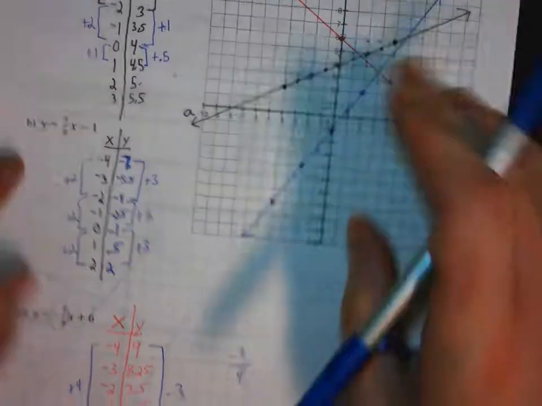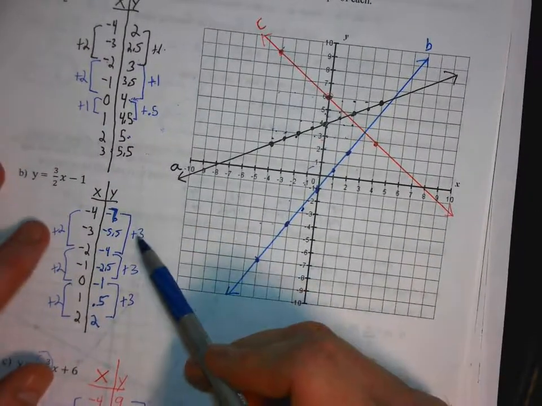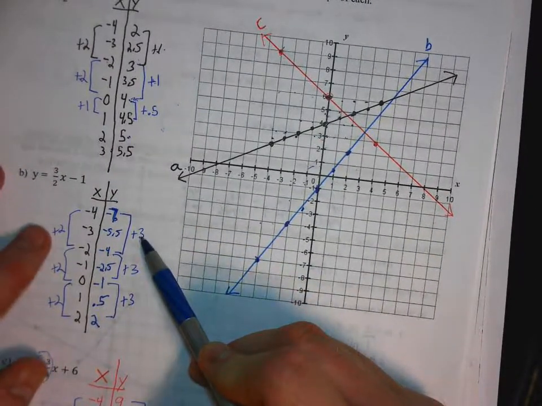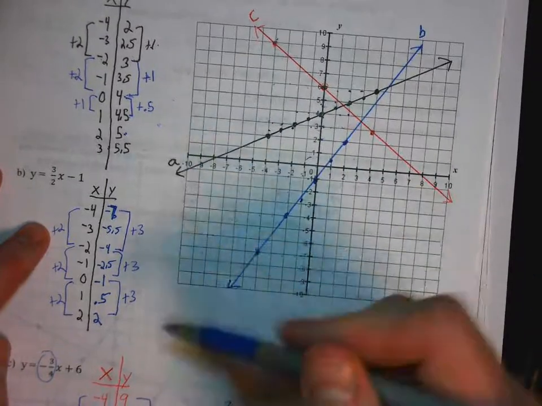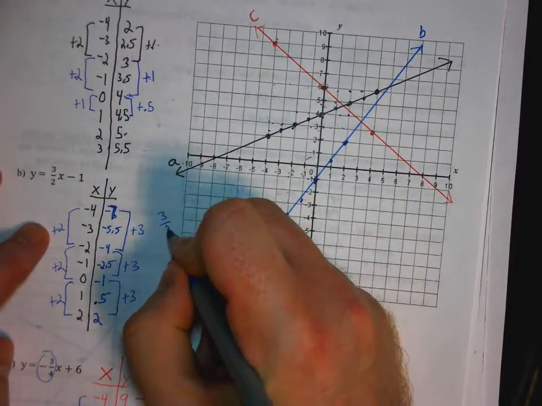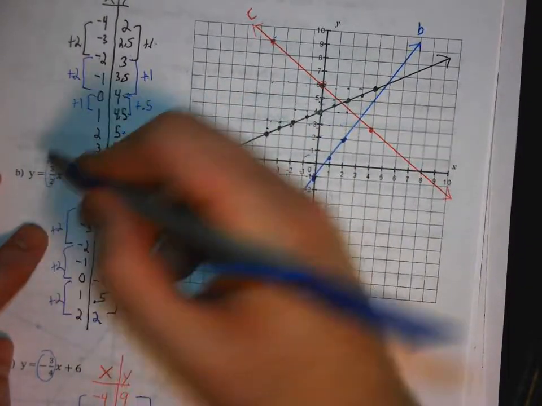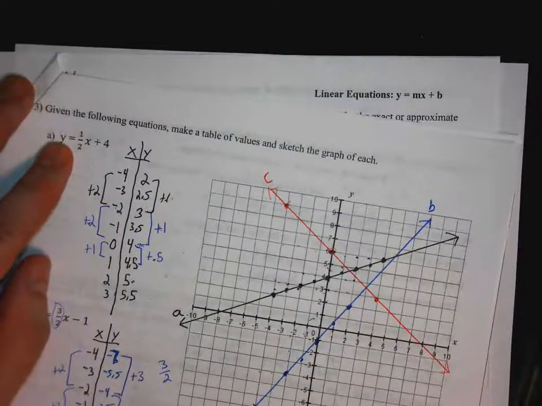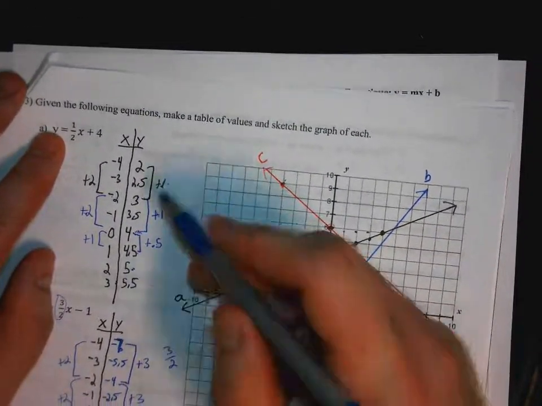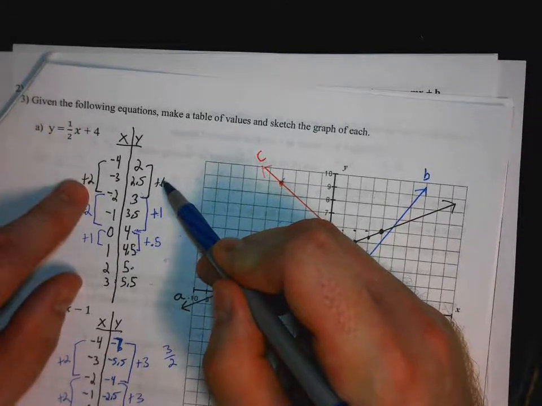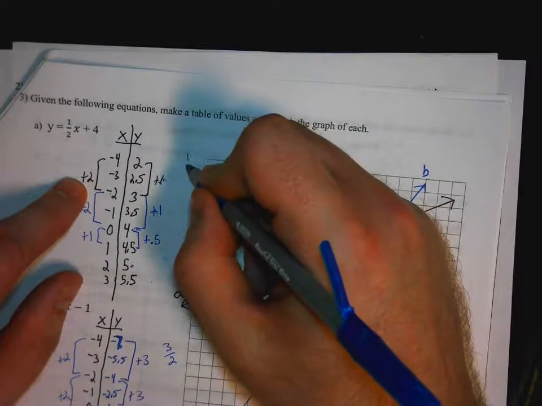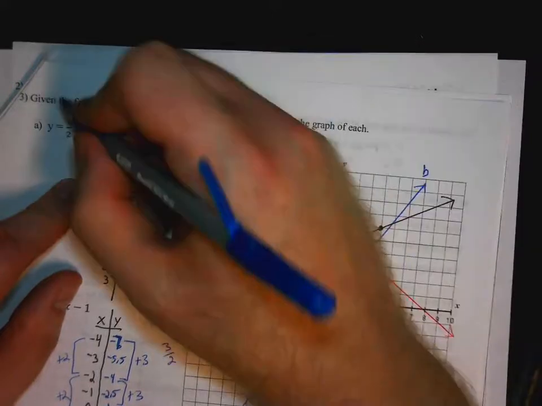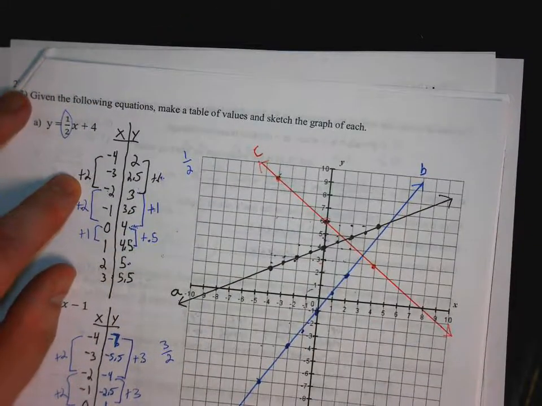Up in part B, the y value went up 3 every time x went up by 2. Notice that 3 divided by 2, that's the number in front of x there. And then the 1/2, in part A, that meant that the y value went up by 1 every time x went up by 2. So the change in y was 1, the change in x was 2. That's the coefficient of x.